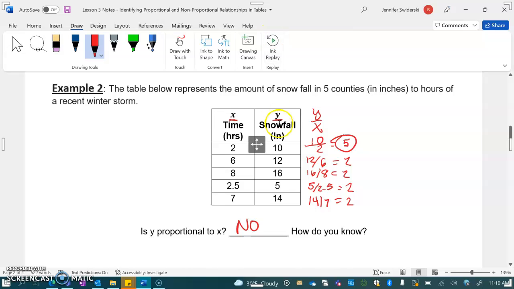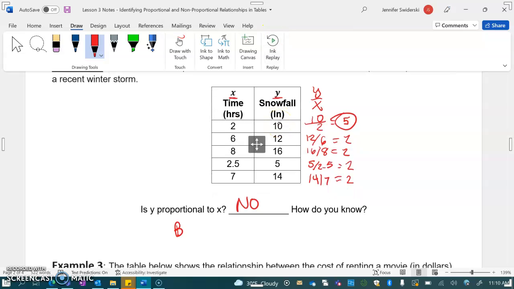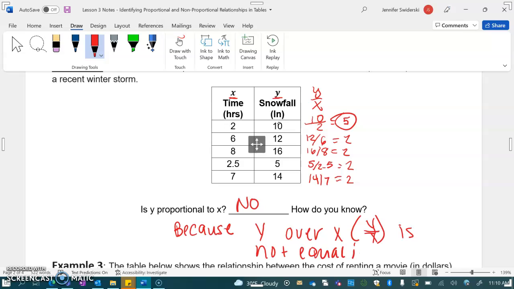So no, because our y over our x, or y divided by x, is not equal in all cases. So it's not proportional.